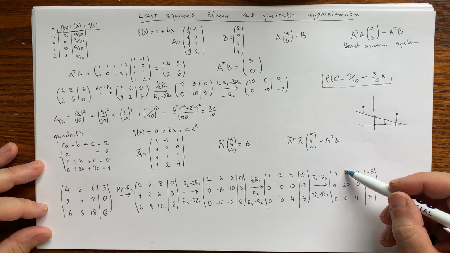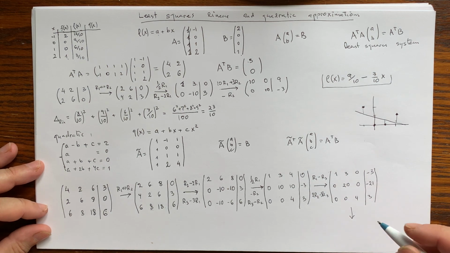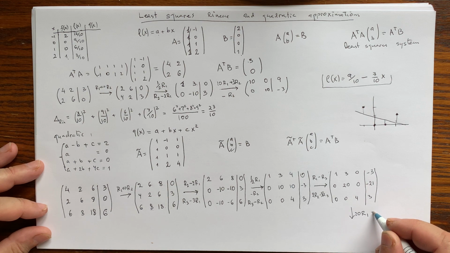The final push is to get rid of this 3, so okay, doing again something clever, like taking row 1 and replacing it by 20 copies of row 1, and then subtracting 3 copies of row 2 out of it.